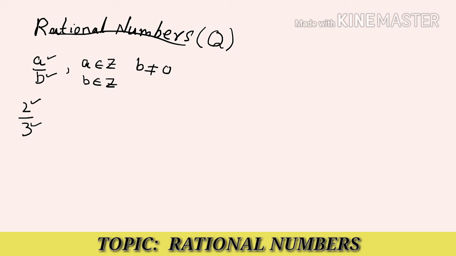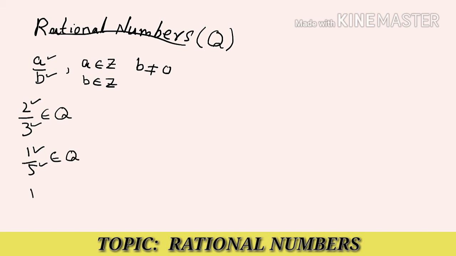So we divide two integers, so we will get a rational number. 1 over 5, as both 1 and 5 are integers, so if we divide two integers, we will get a rational number.